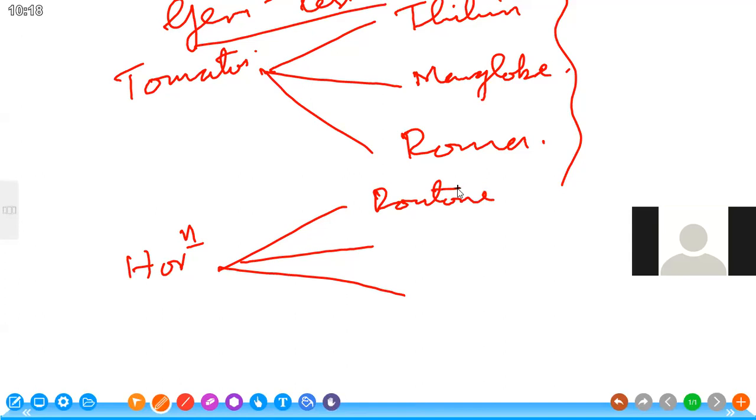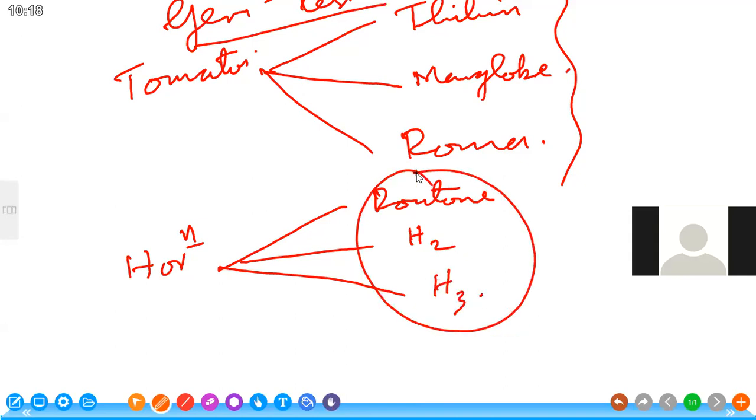Let's say another one and another one, 3 available in the market. I want to see, sometimes for some variety of tomato, Rootone may be best. Maybe Maglo with hormone 2 may show a much higher germination percentage.